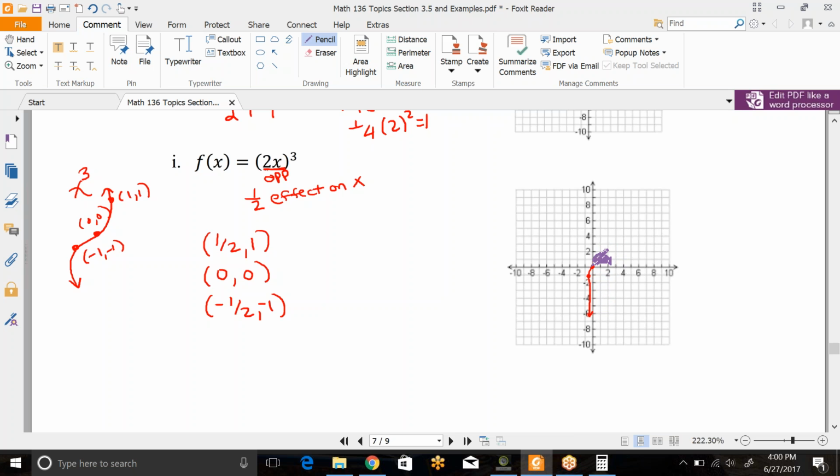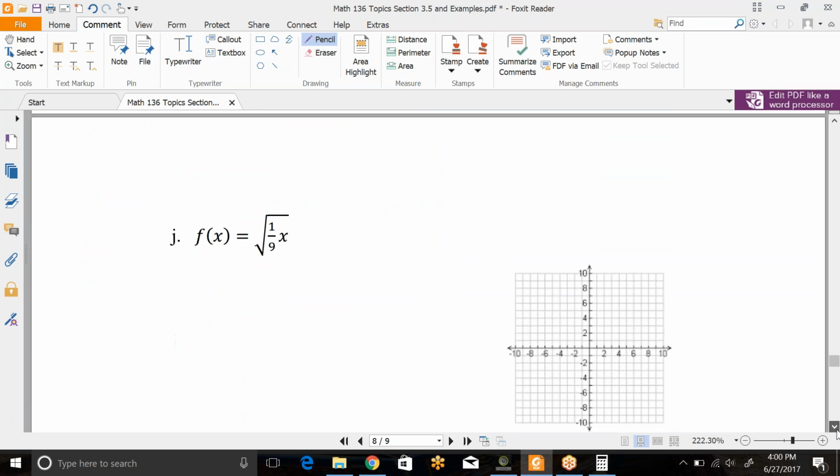So notice that is the x cubed shape, but this is a compression on the x direction by 1/2, okay?